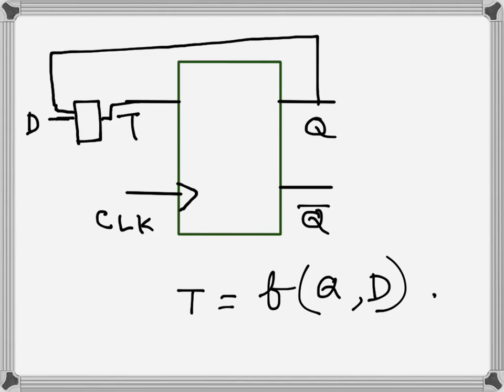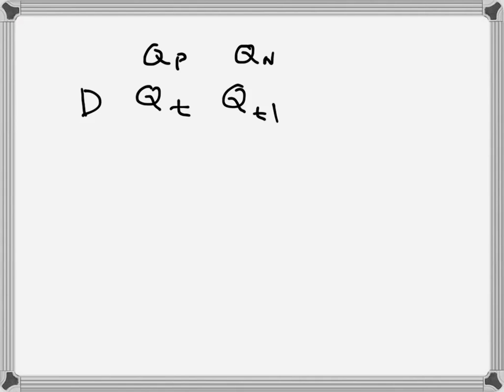So if we look at the truth table of a D flip-flop, we can write it like that: Q(t+1), which can also be stated as Q present state, Q next state. So let's do that: D and Q present, 0 0, 0 1, 1 0, and 1 1. If D input is 0 and present state is 0, the next state will be 0.